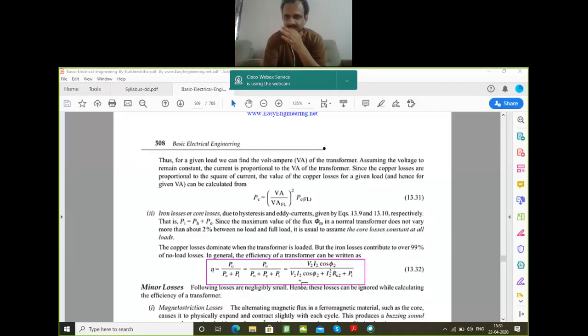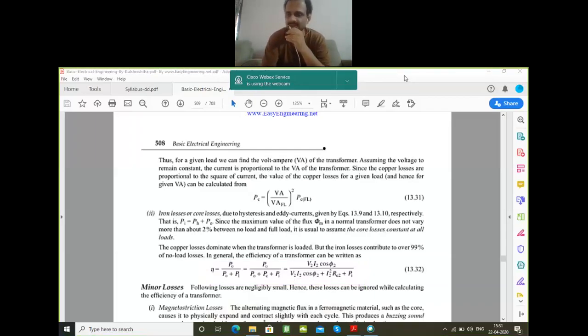Copper loss is I2 squared R2, or Re2, because of the effective resistance at the secondary, and iron loss is Pi. So that is about the efficiency of the transformer.